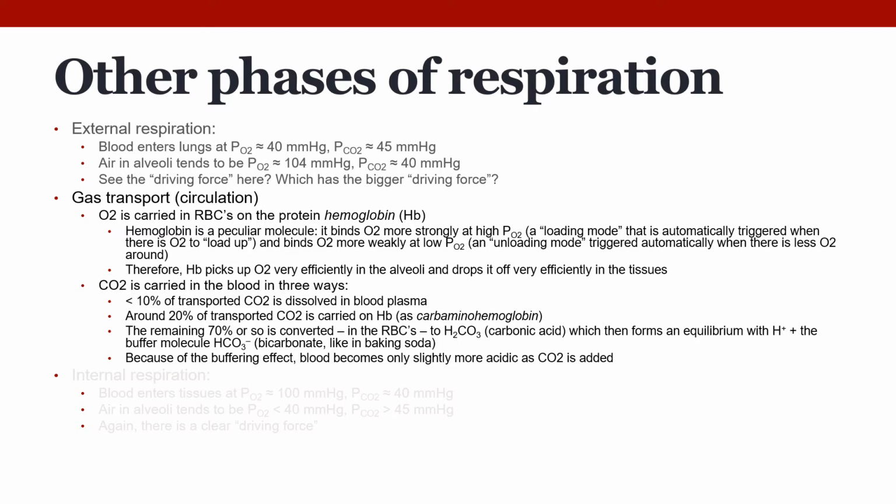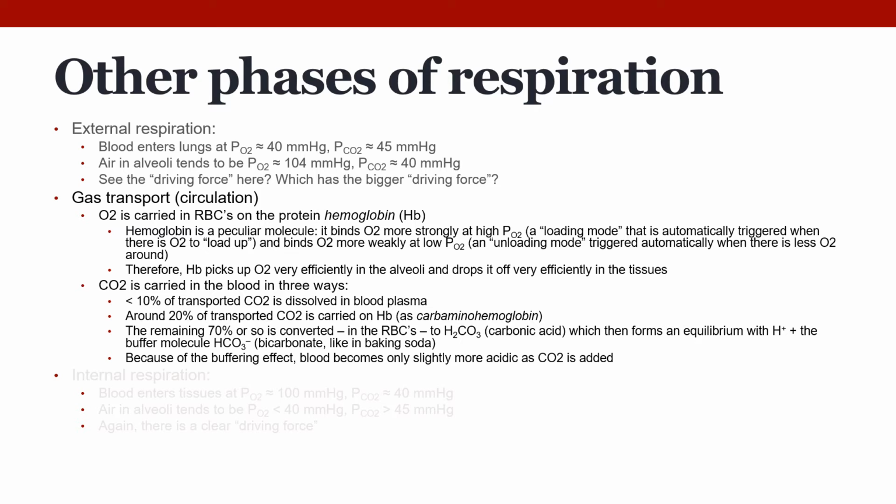The solubility of oxygen in water, which is mostly what plasma is, is very, very low. And so that's why you have to have those little bubbling machines in an aquarium. If you have a fish tank, you have to keep bubbling air through it because the amount of oxygen that actually dissolves in the water is very, very low.